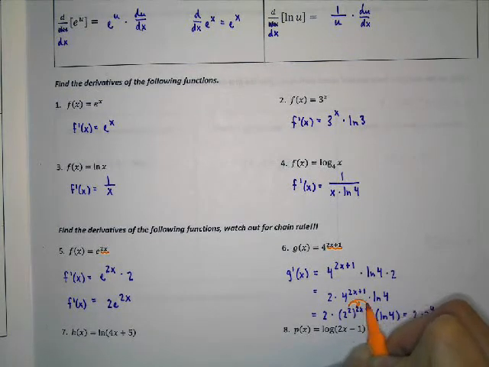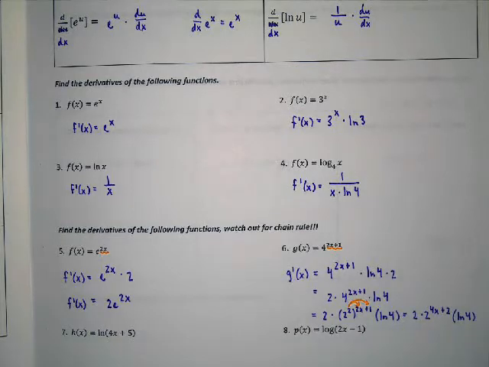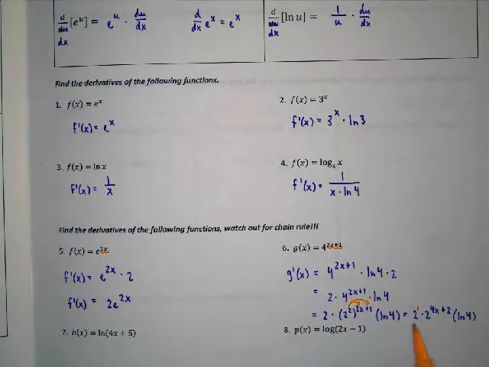And then if I distribute to the second term, I have plus 2 times the natural log of 4. And then for the last step, I know this base 2 has an exponent of 1. So if I'm multiplying a power times a power, I know I add those exponents. So I can simplify this to be 2 to the 4x plus 3 times the natural log of 4.